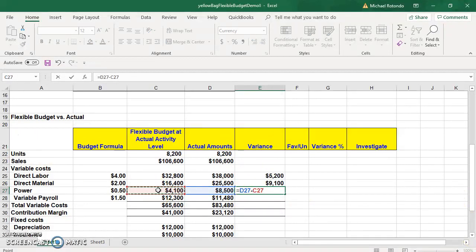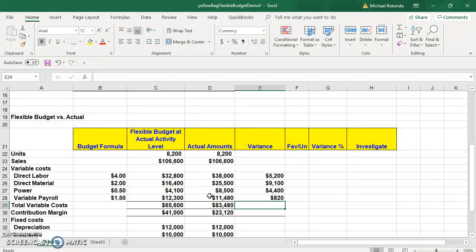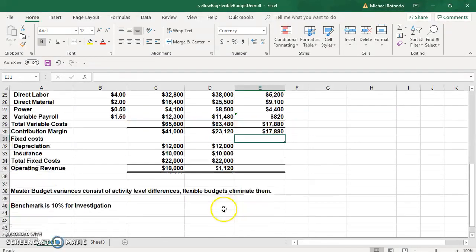So these variances, except for variable payroll, definitely appear to be unfavorable. And these we don't need to do because they're the same.